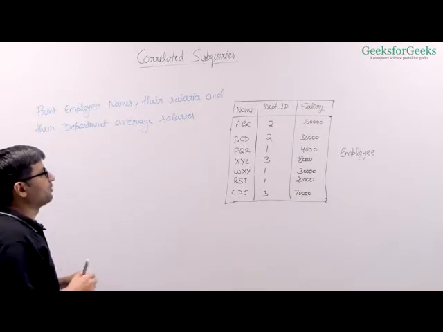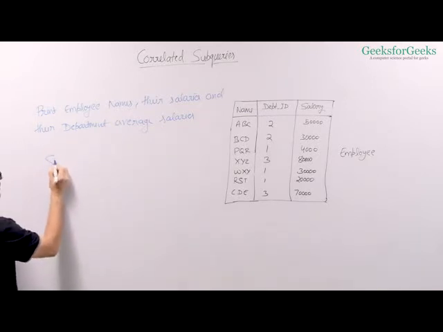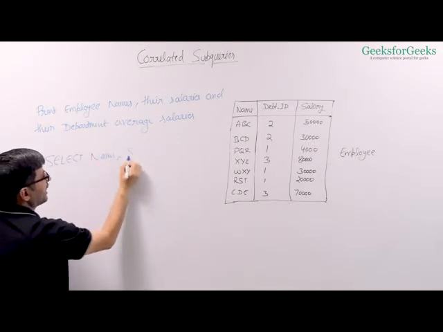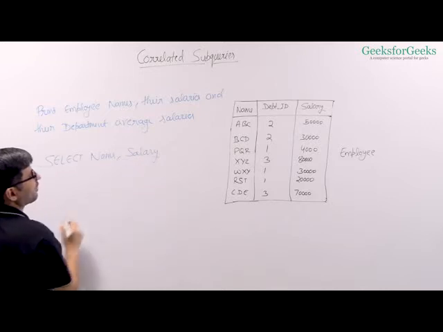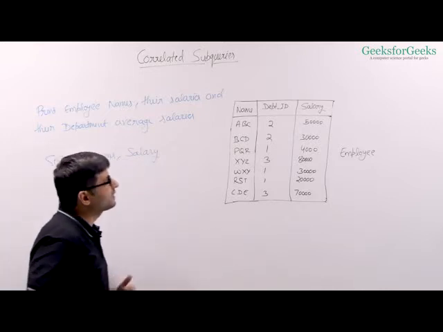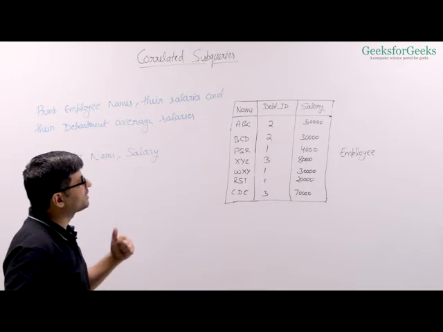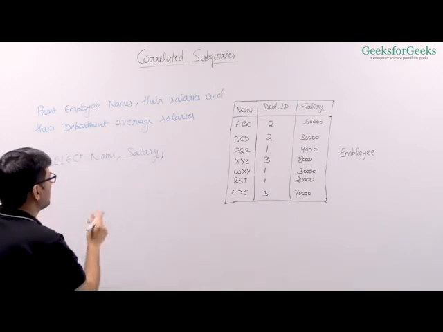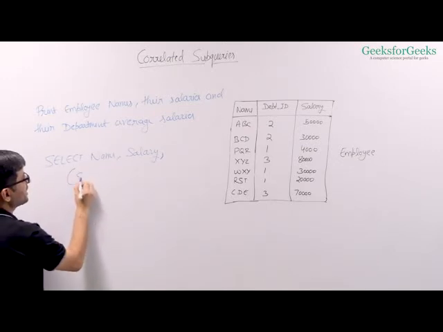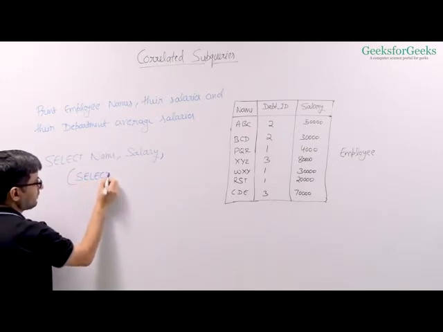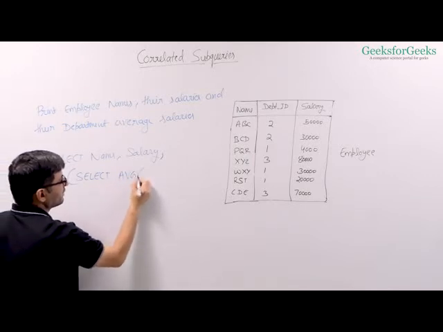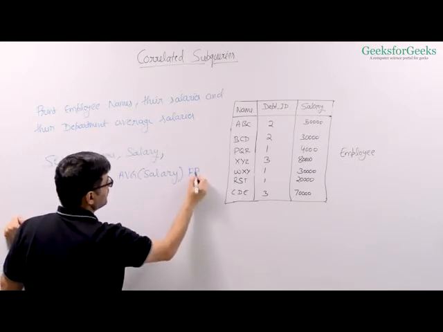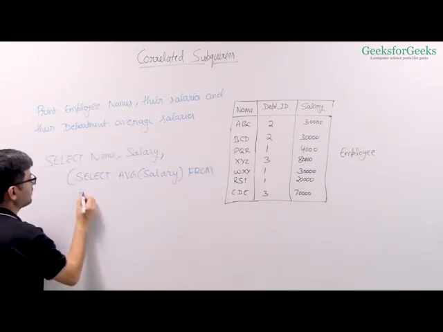So what do we need to write? Select name, salary of every employee. Now we need to print the average salary of this employee's department. So we'll use a subquery in the select. What do we write? We say select average salary from the same employee table.